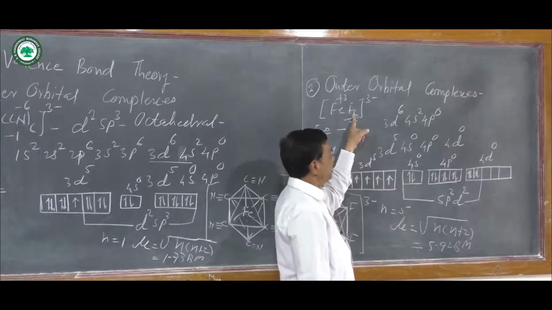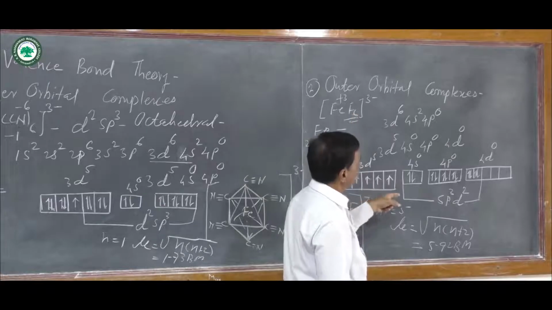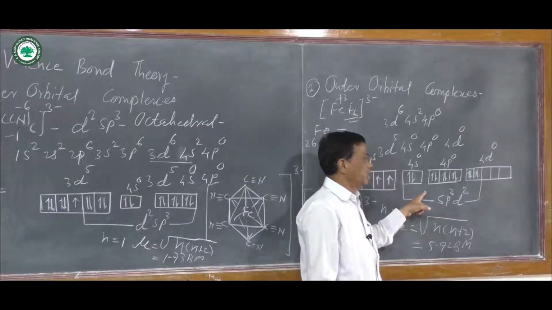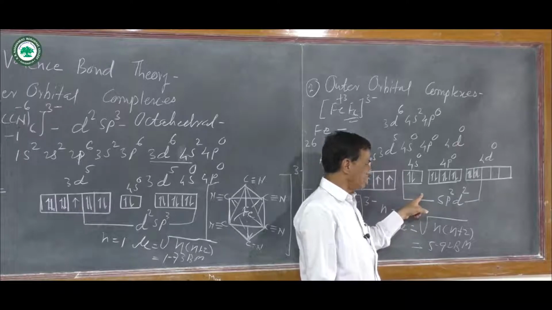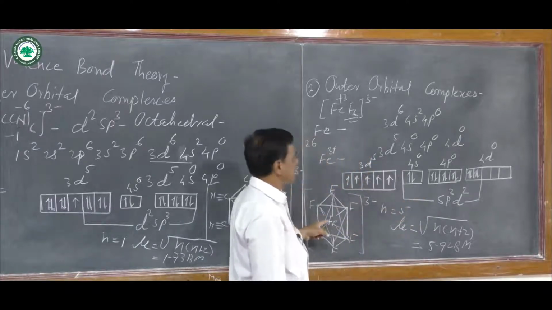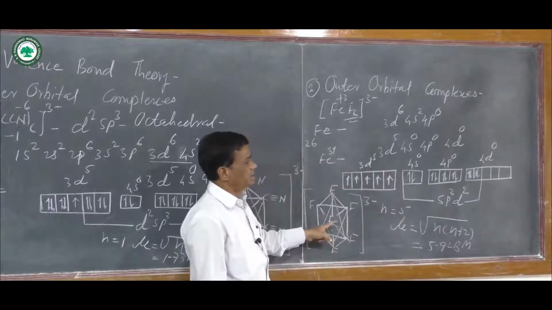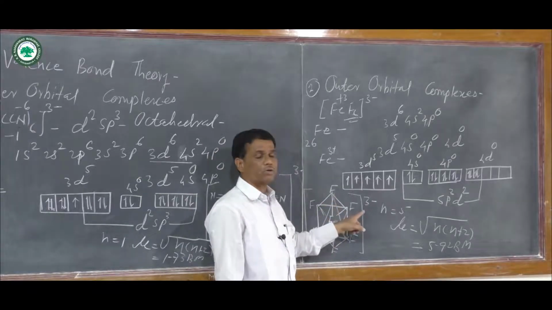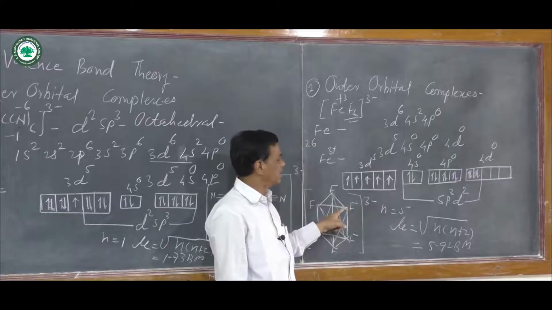When 12 electrons are there, there is a sharing of electrons, and when sharing takes place, 6 sigma bonds are formed, and in the structure of that complex, iron is at the center position. The 6 fluoride ligands are at the regular corners of the octahedron.